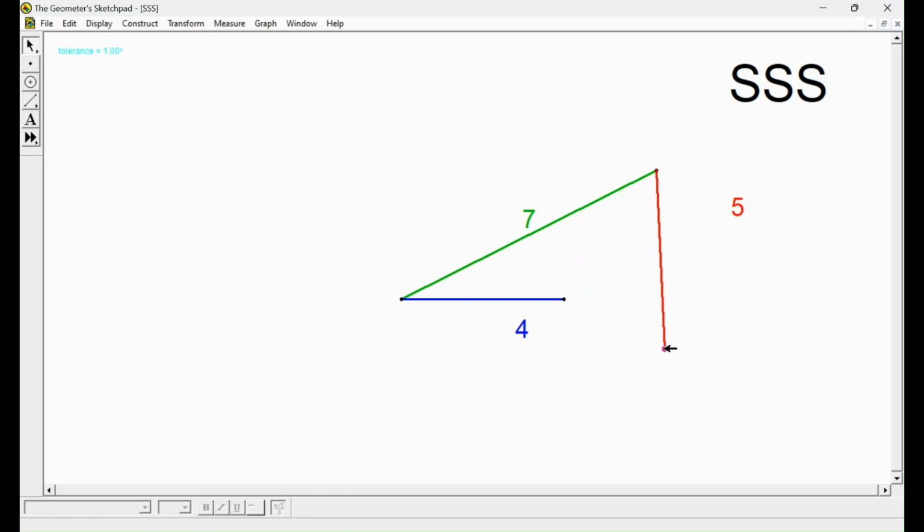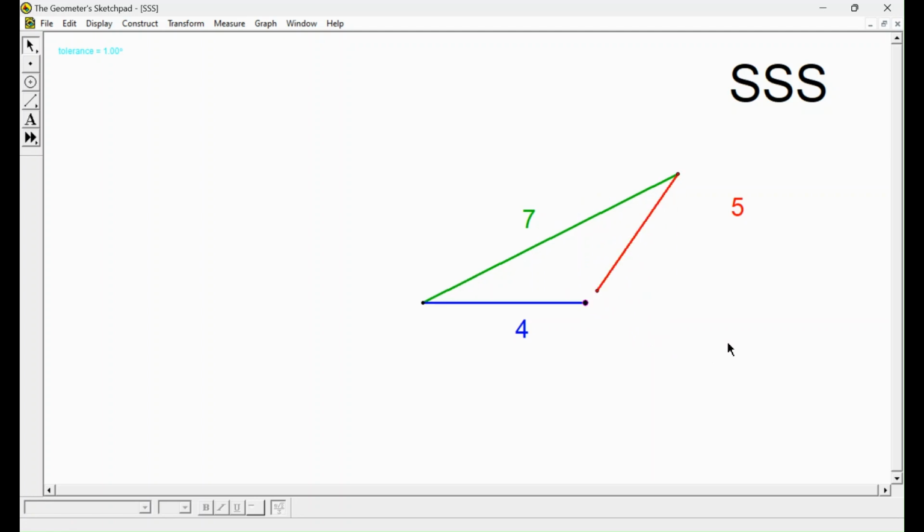Yeah. Oh, something's gone wrong with my drawing program. Okay, let me see if I can fix it. Sorry, hold on. Maybe it's fixed now. No, it is not fixed.